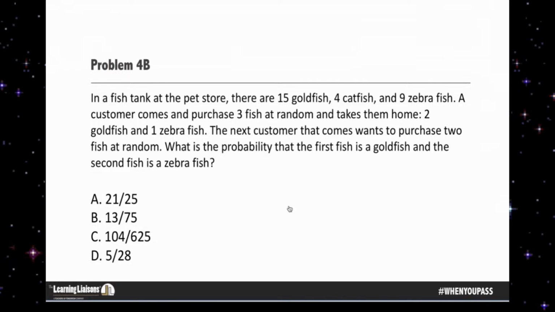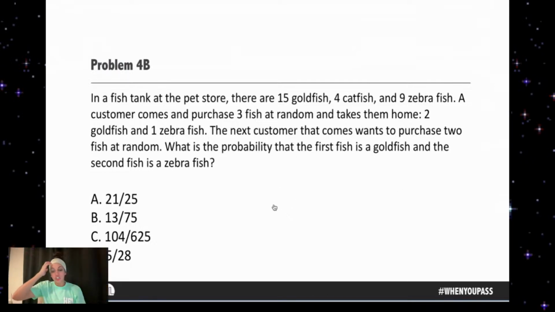A customer comes and purchases 3 fish at random and takes them home: 2 goldfish and 1 zebrafish. The next customer that comes wants to purchase 2 fish at random. What is the probability that the first fish is a goldfish and the second fish is a zebrafish?